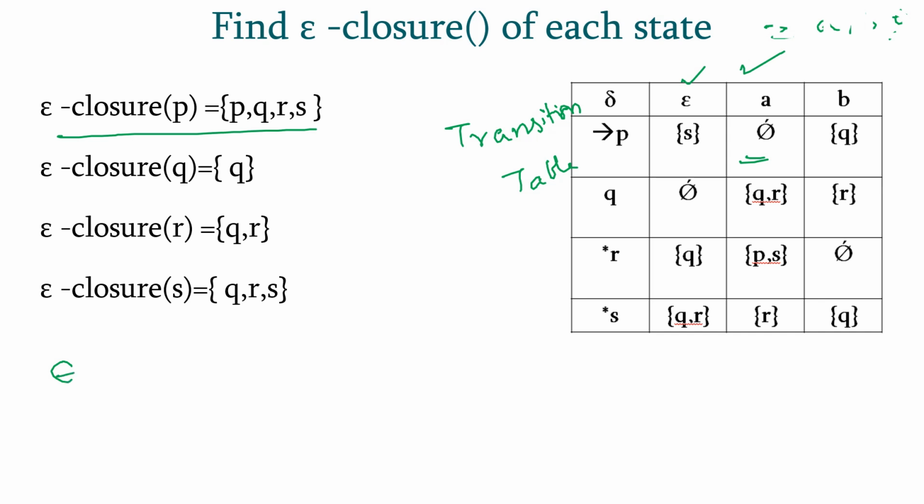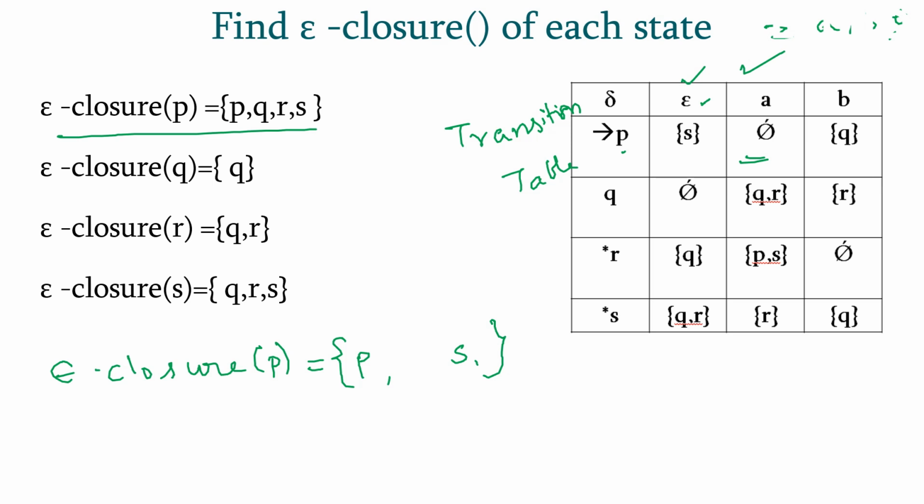So epsilon closure of p. First I have to include the state itself. Okay, p, let me start. Search for p on the empty string. So p on epsilon goes to s. Let me take s. Now after s, we need to track the epsilon moves from s.